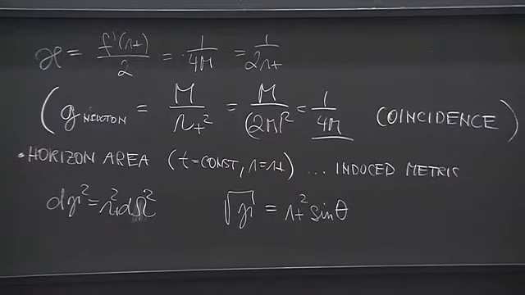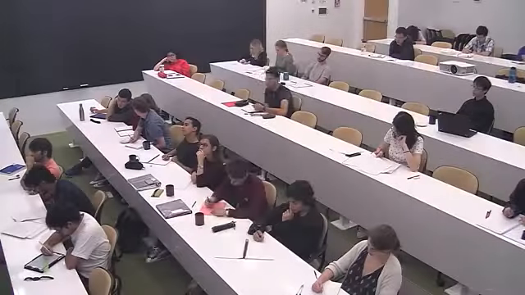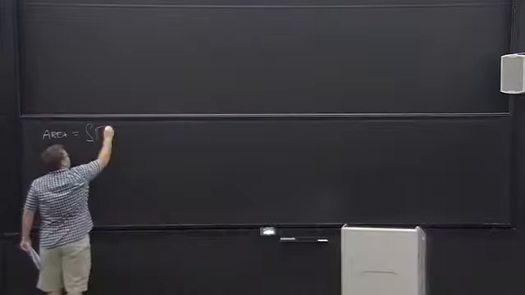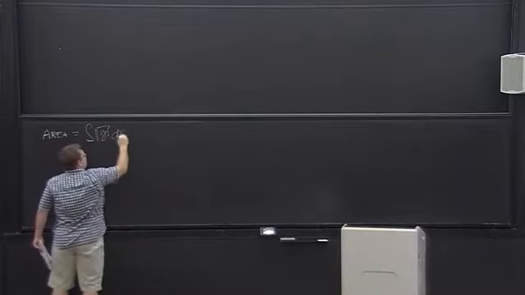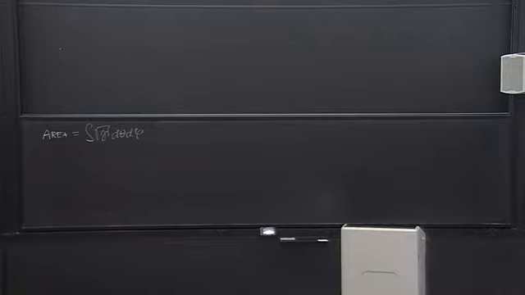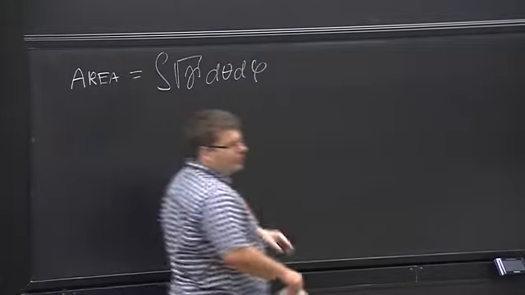So now if you want to calculate how big the surface is, to get the area, just take an integral of the square root of gamma over dθ dφ. That's the volume element we have seen all the time, right? Now I'm just taking a two-dimensional metric, but anyway, that's the volume element.